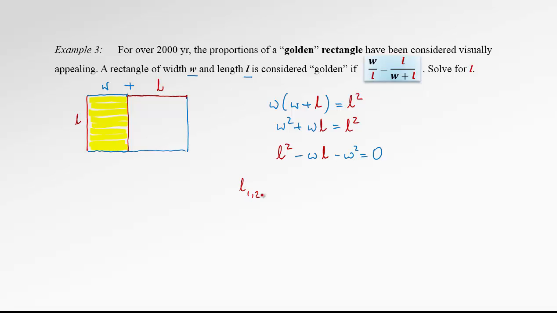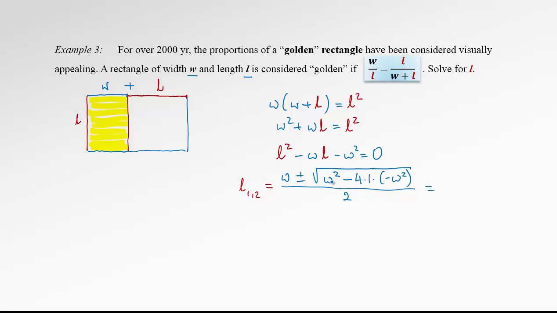L1 or 2 would be equal to negative b, but the b coefficient is negative W, so negative b would be just W. Then plus or minus square root of b squared, so negative W squared, meaning W squared, minus 4 times a, which is 1, times c, which is negative W squared. Okay, everything over 2 times a, which is just 2.